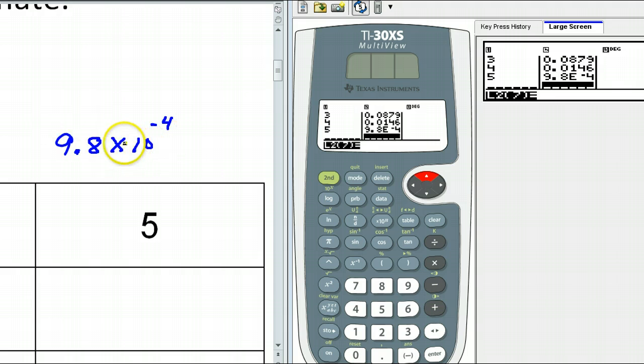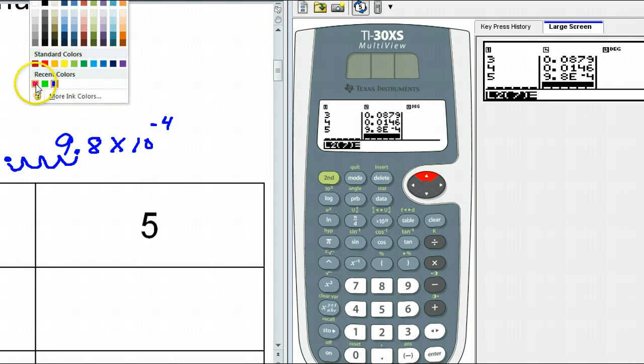Now, if you remember anything about scientific notation, if I was going to convert this to a regular number, you would know that this negative 4 tells me how many times to move the decimal point to the left. So that would be 1, 2, 3, 4. So the decimal point ends here.